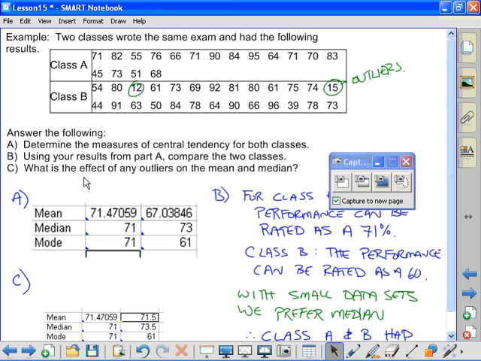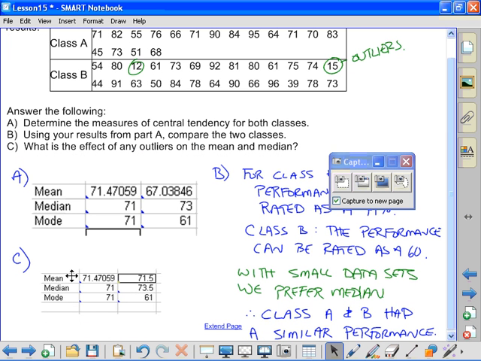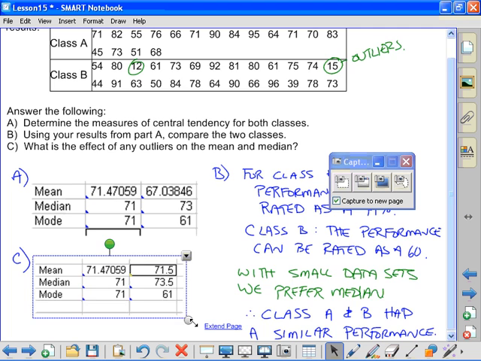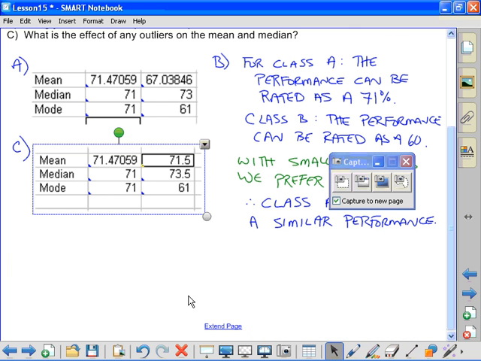So if we now do the comparison, we now see that the median went from a 73 to a 73.5. Not a significant change. However, a class average of 67 now becomes a 71.5, which is identical to that average of class A, or virtually identical.